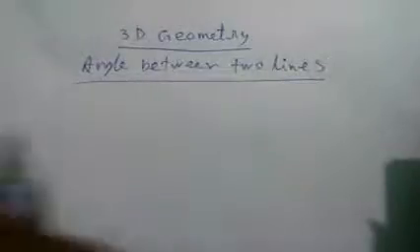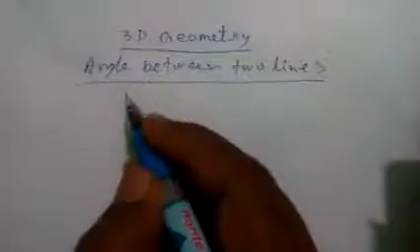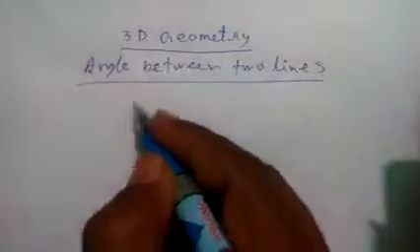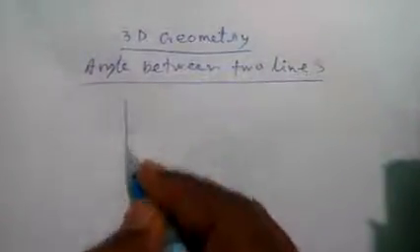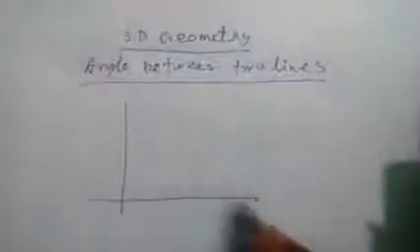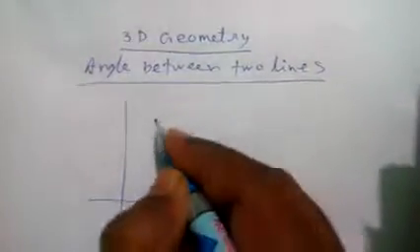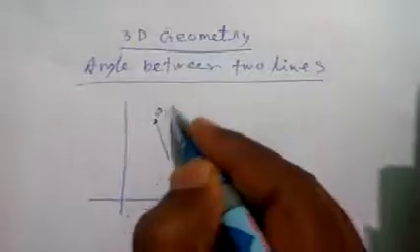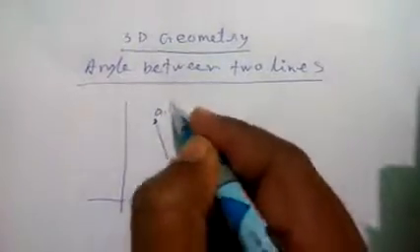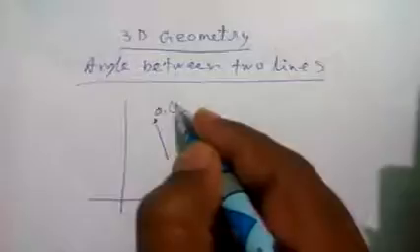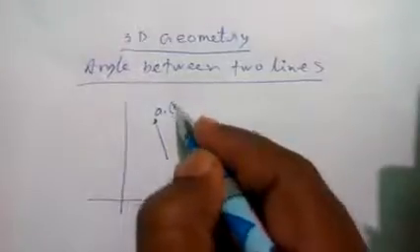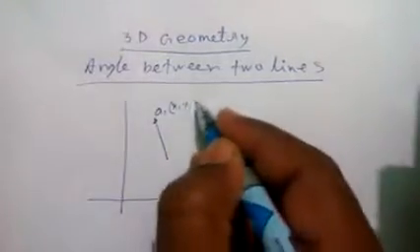You know, in 3D geometry, you have already studied that any line, say in a 3D plane, is passing through a point A1 whose coordinate is x1, y1, z1.